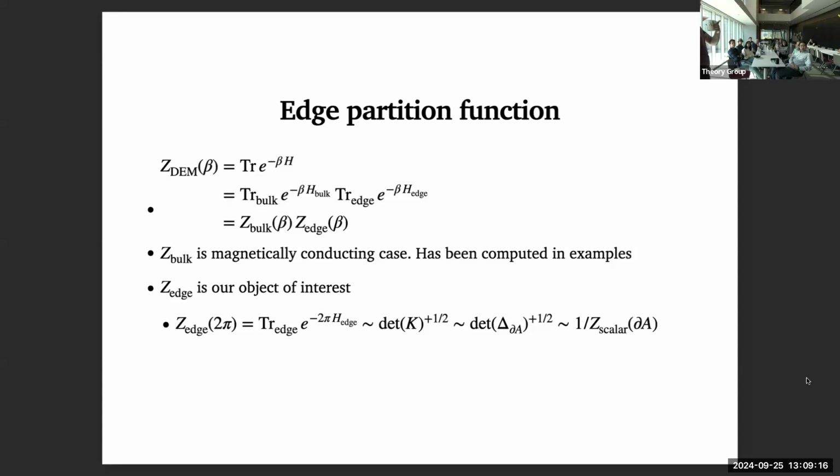And then the determinant with a plus half is the reciprocal of the partition function of the codimension 2 scalar. So the intermediate terms have a bunch of extra factors, but the final term really is exactly 1 over Z scalar.